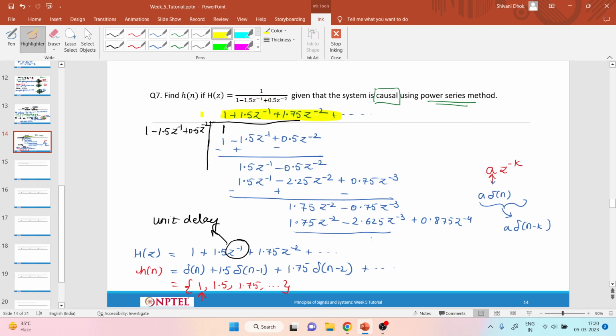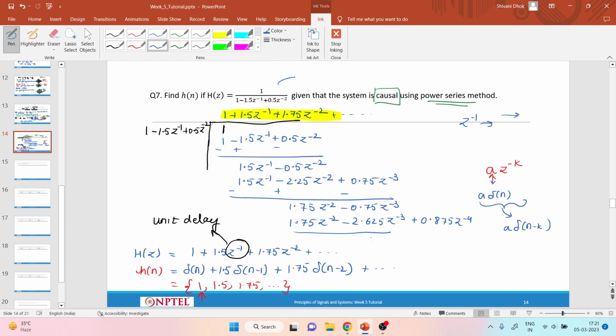If you observe, this is a unit delay. If I have z power minus 1, this is shifting the entire thing rightwards by 1 unit. So if we are multiplying by z power minus 1 plus 1.75 z power minus 2, this z power minus 1 is just shifting my unit impulse towards the right-hand side, making it causal. Now suppose we need an anti-causal system.